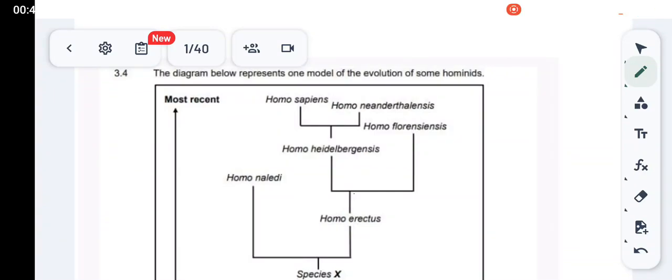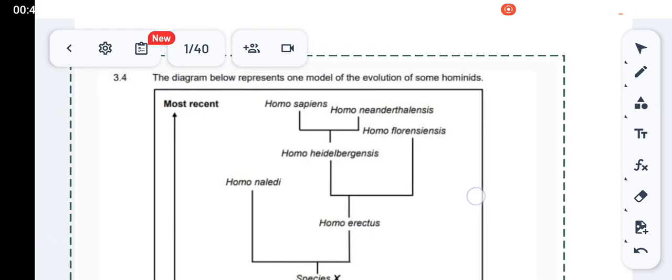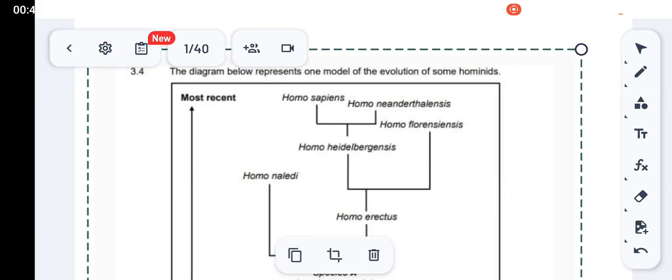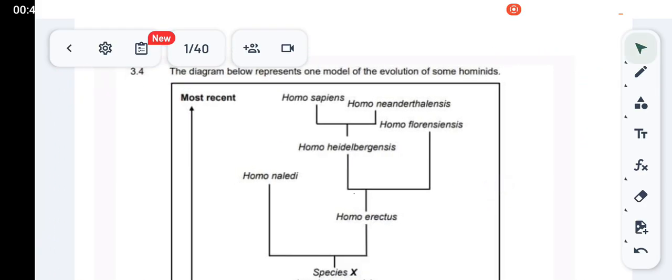Right. So, still on human evolution, they are saying the diagram below represents one model of the evolution of some hominid. This type of diagram or model or tree diagram is called a phylogenetic tree.